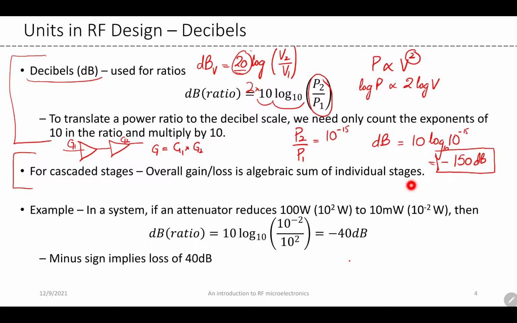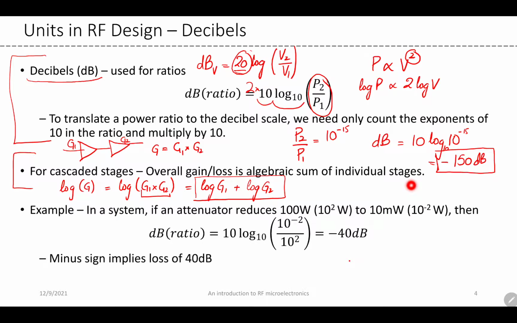But since we are talking about logs, if I take a log of G, that would be log of G1 times G2, which comes out to be log of G1 plus log of G2. So that product is now converted to a sum.